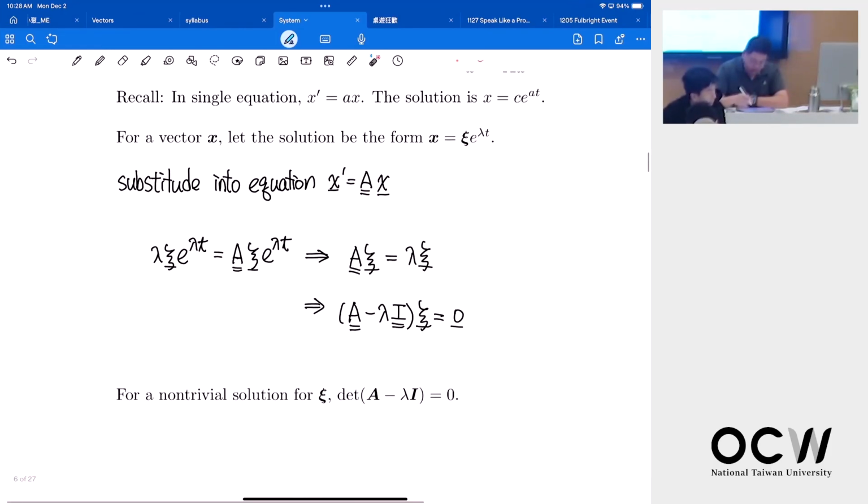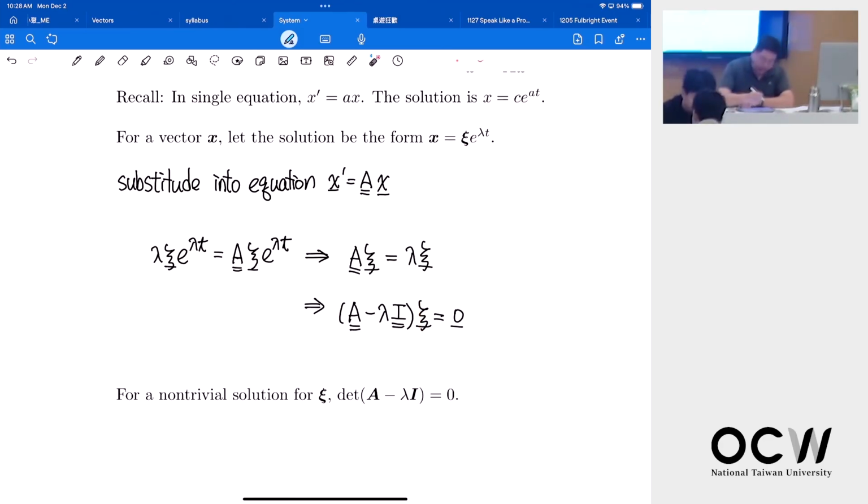For a non-trivial solution, c is not 0. Otherwise, c equal to 0 always satisfies the equation. But if c is not 0, then the determinant of this matrix A minus lambda I should be 0.